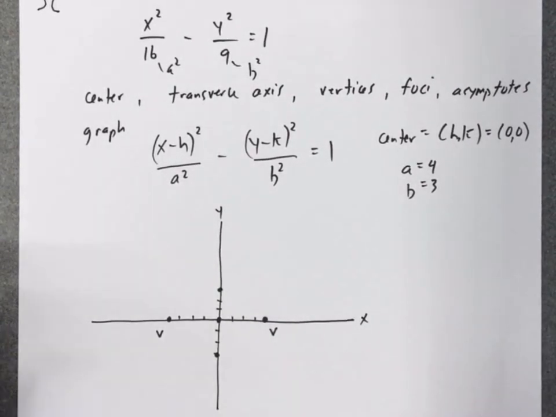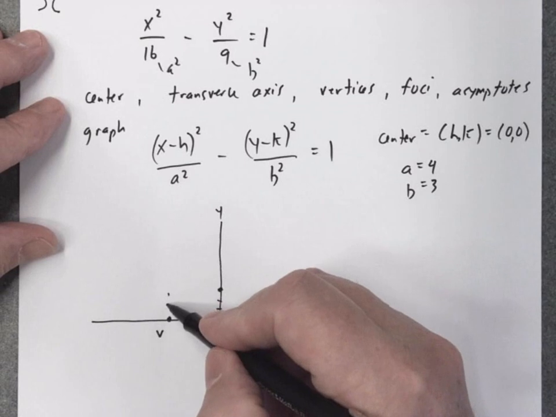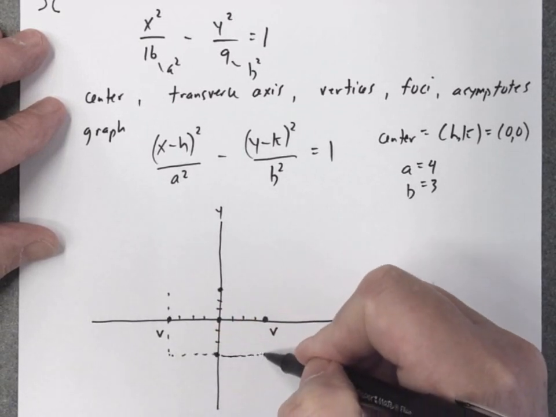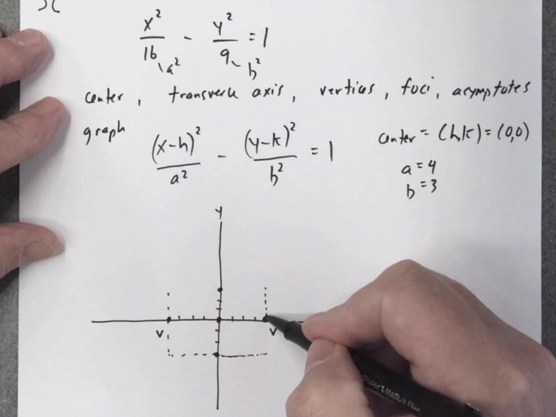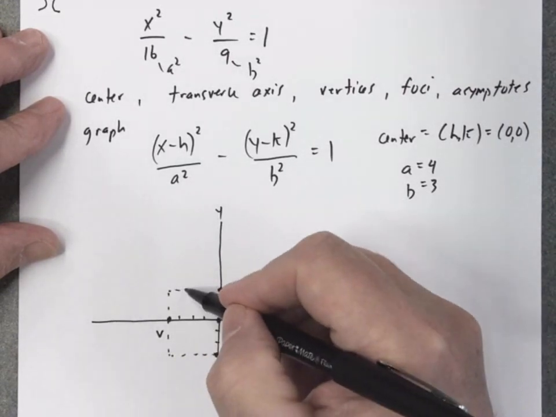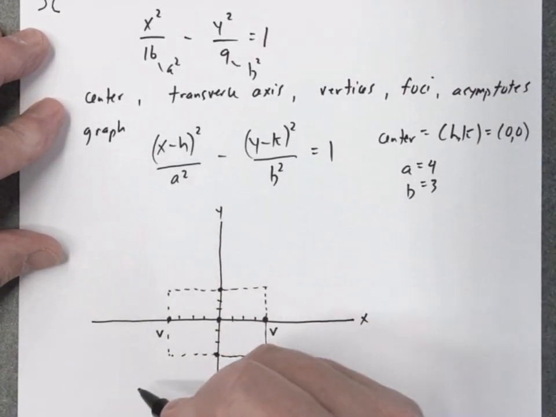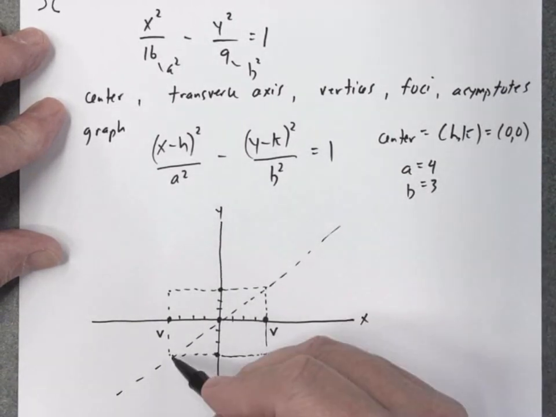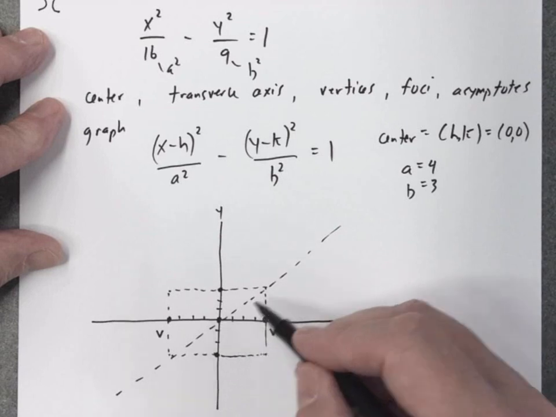And then you take these 4 points and sketch in a rectangle that connects those 4 points. And then you connect the 2 corners through the center.